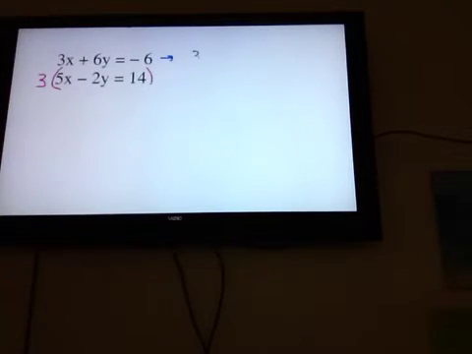I'm not changing the top equation. The bottom equation becomes 3 times 5, 15x, 3 times negative 2, minus 6y, 3 times 14, 42.